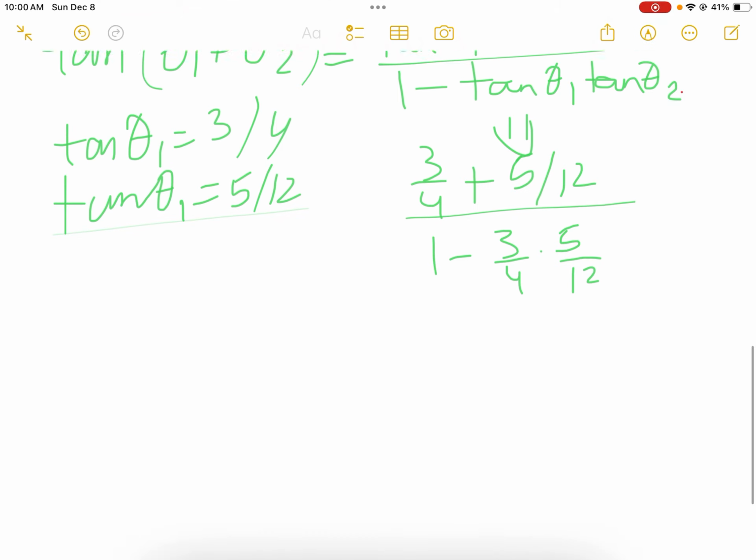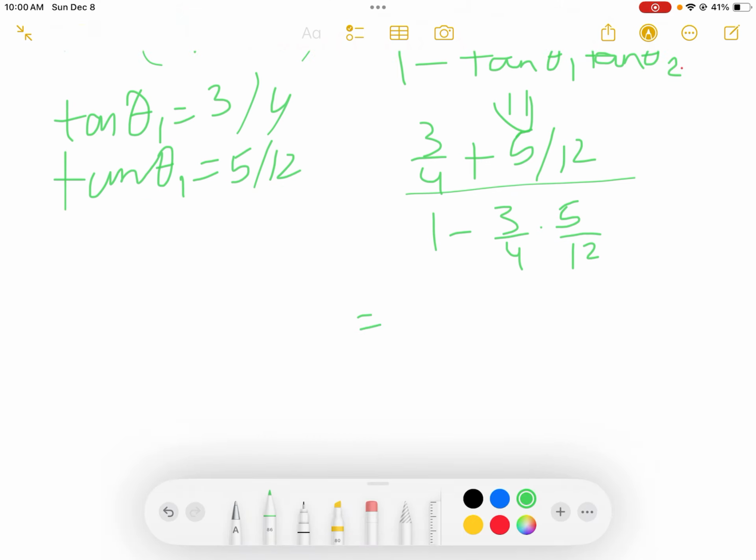So let's simplify this. In the denominator, we get 1 minus 15 over 48. And at the top, we get over 48, of course, 36 over 48 plus 20 over 48.